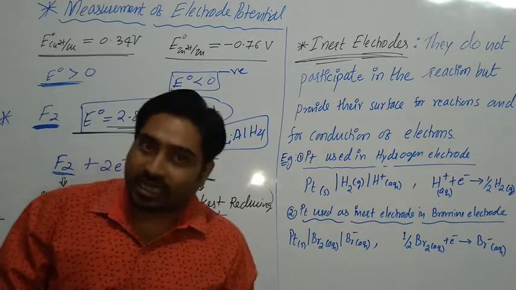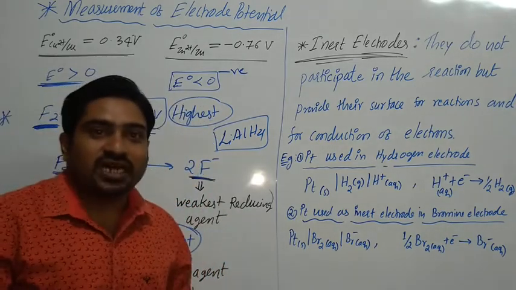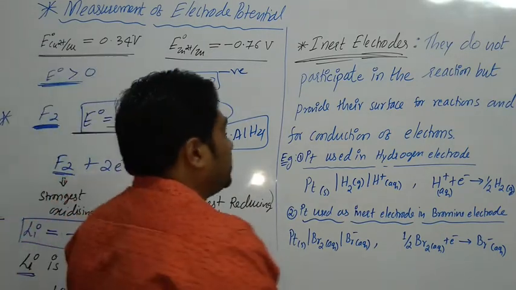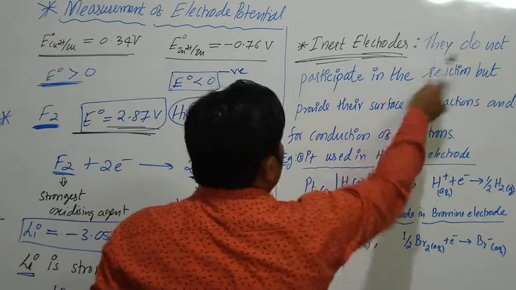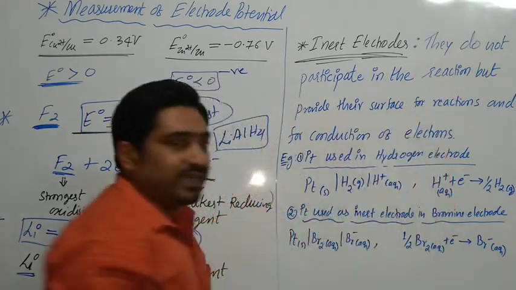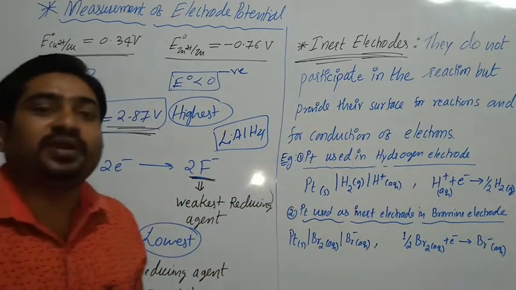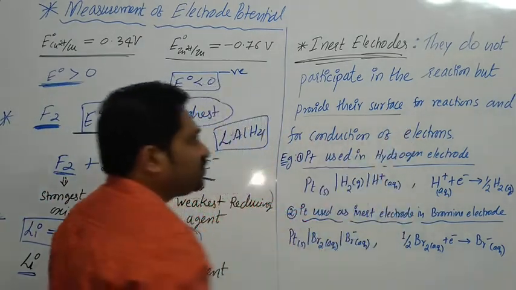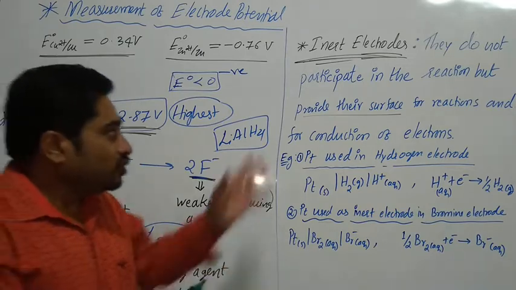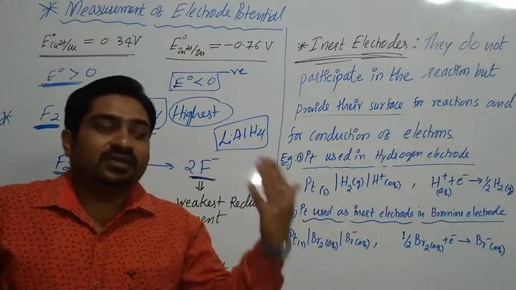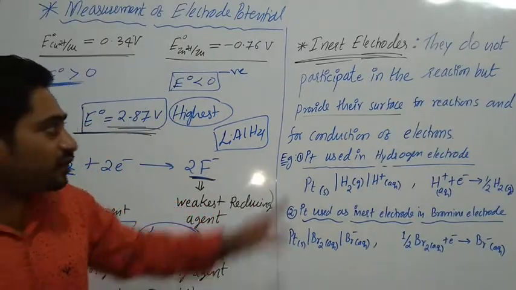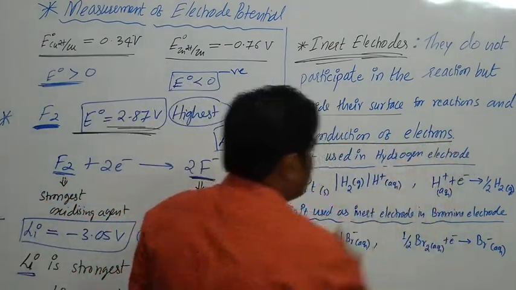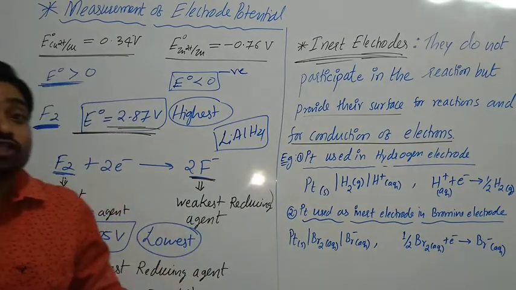Or we can use a calomel electrode. Those electrodes are inert electrodes. They are called inert because they do not participate in the chemical reaction, but they provide their surface for the chemical reaction and for the conduction of electrons.